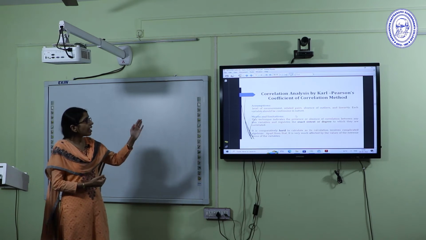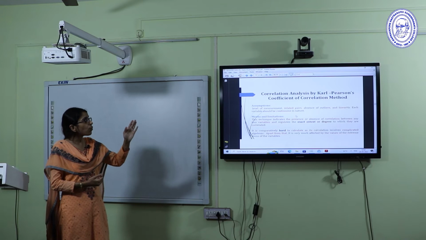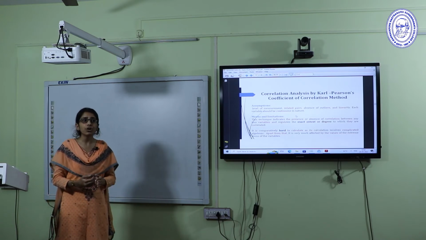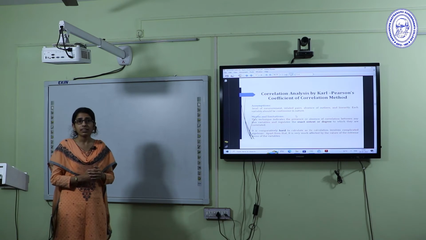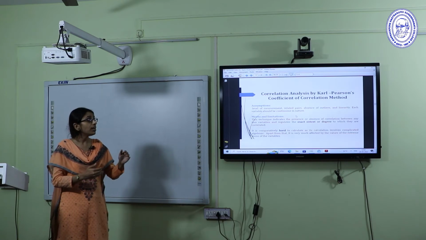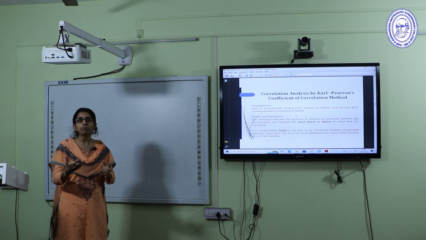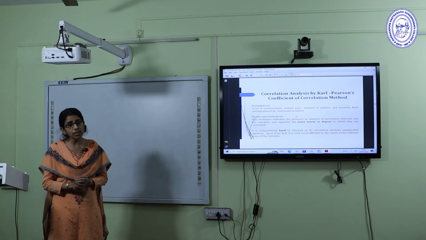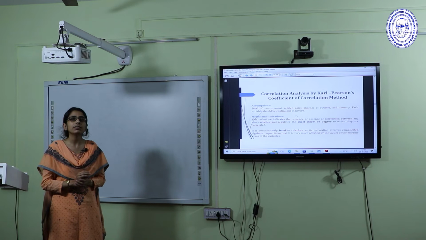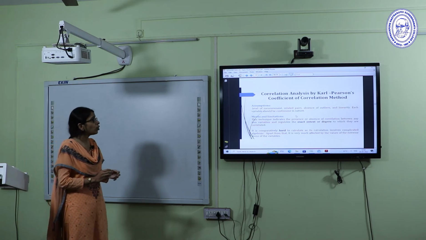You calculate the coefficient of correlation with Pearson's method either manually or through software. It is based mainly on two things: arithmetic mean and standard deviation.